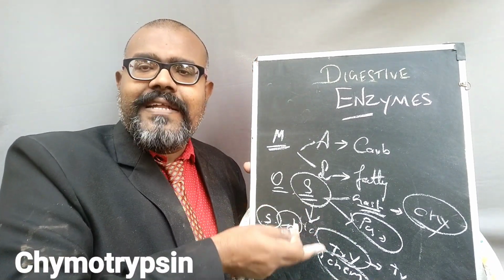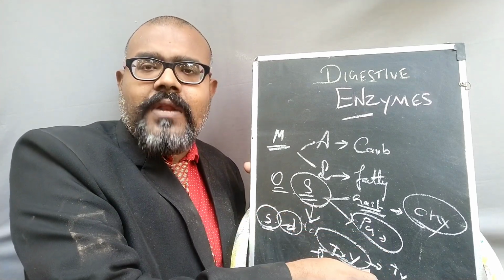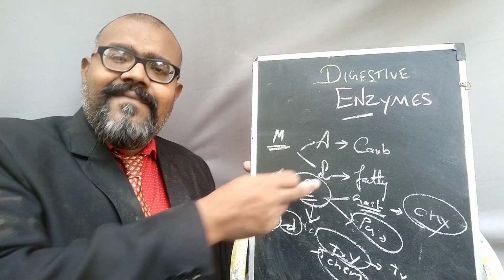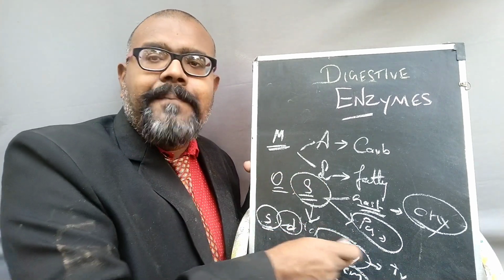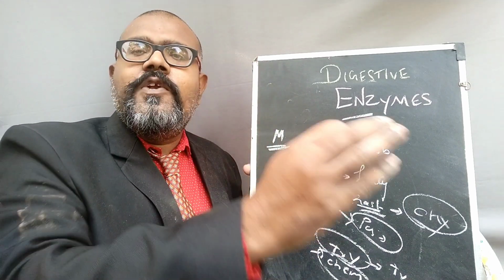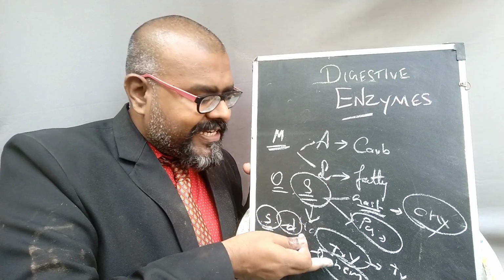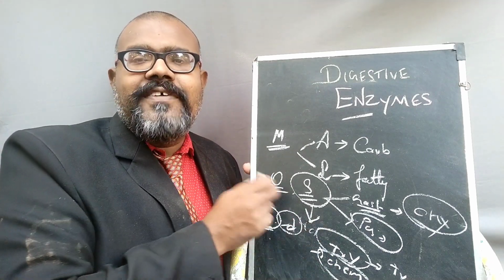So trypsinogen and chymotrypsinogen are converted into the active enzymes trypsin and chymotrypsin in the duodenum itself. Of course, you know that these are especially for breaking down proteins into smaller amino acids and small peptides. That is how this pancreatic juice is helpful.